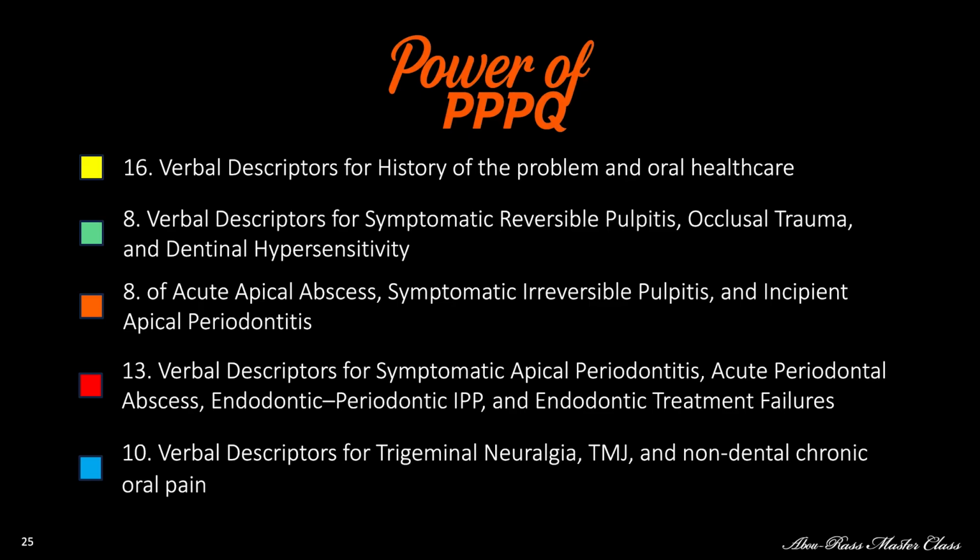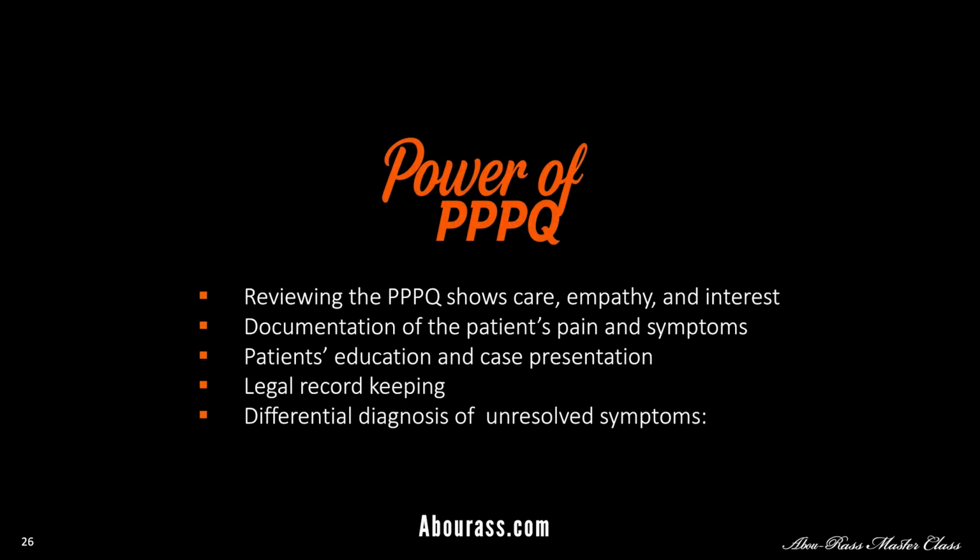It's non-dental. So this is what I call a powerful tool for orofacial pain diagnosis, not endo, not resto, not perio diagnosis of pain, but it is orofacial pain, and that will help you. This tool helps you localize it.